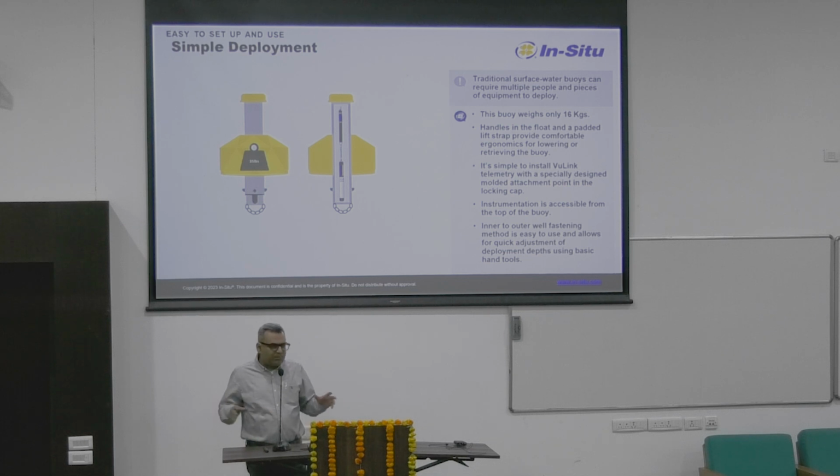Generally, whatever we have seen till today, we need a very big infrastructure, a very big buoy to install all these water quality sensors, and you require very big infrastructure to deploy that. But here we have made it very compact: no solar panel required, no battery required, everything is a self-sufficient buoy. We have a multi-parameter instrument which works with its own battery. We have a telemetry system which works on its own battery. So you just have to deploy and get the data at your server without any hassle.